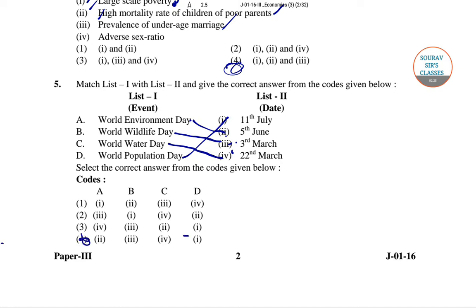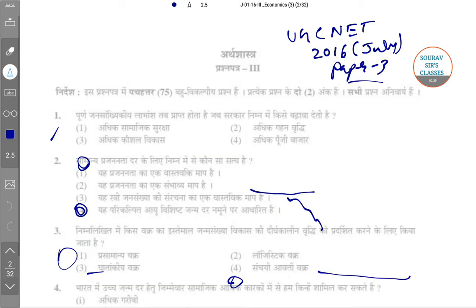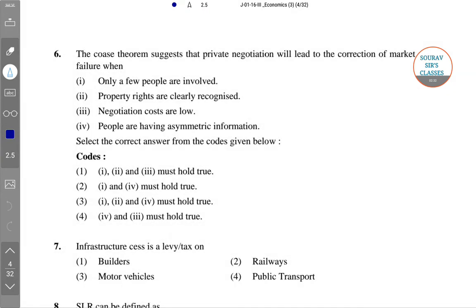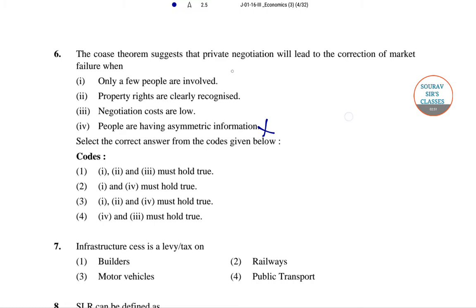Now we'll go to the next question, which is question number 6. In question number 6 it is given, the Coase theorem suggests that private negotiation will lead to correction of market failure. 4 options are given, out of which we know there has to be symmetric information, so this cannot be the right one.